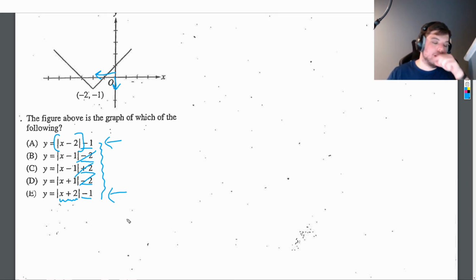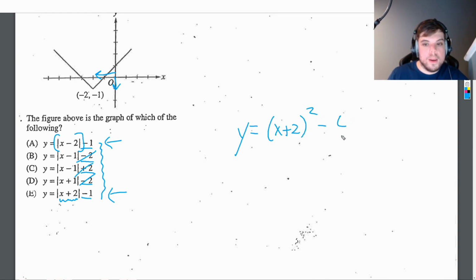But for now, if you want to just memorize that, inside the interesting part, say you put a quadratic in vertex form, and let's say you have y equals (x plus 2) squared minus 4, where a is 1.